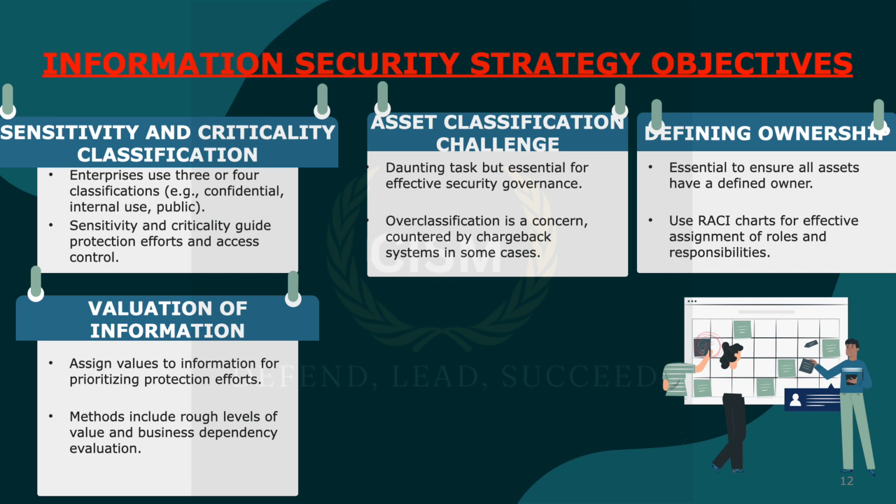Friends, under the valuation of information, first is to assign values to information for prioritizing protection efforts. The methods include a rough level of value and the business dependency evaluation. Friends, to decide what to protect the most, you need to give a value to the different pieces of information.